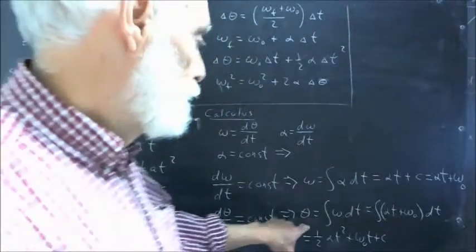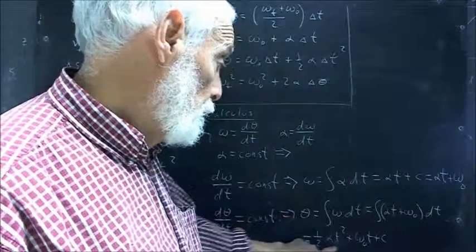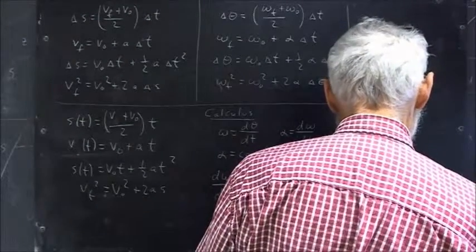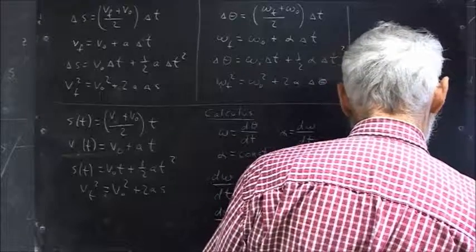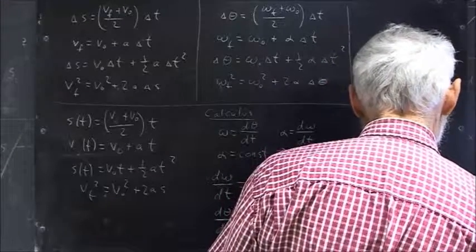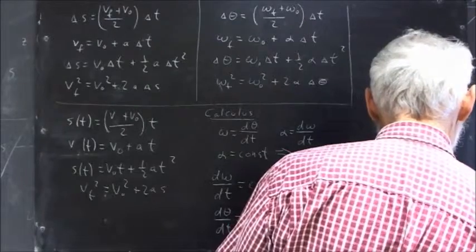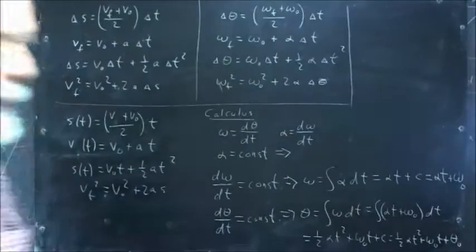And since theta of t at t equals 0 would then equal c, c is identified with theta naught, so that's 1/2 alpha t squared plus omega naught t plus theta naught.